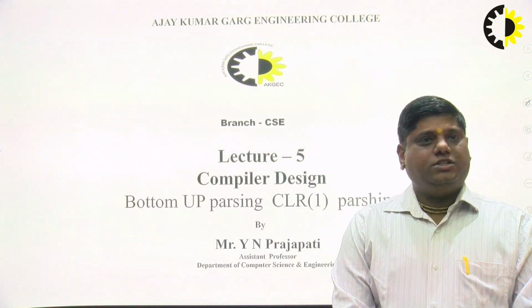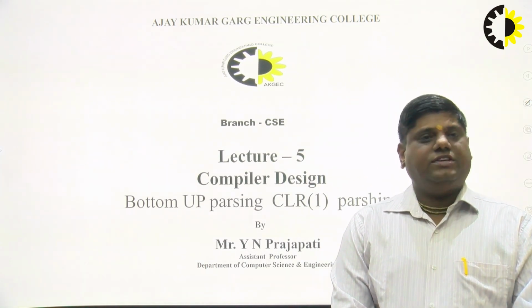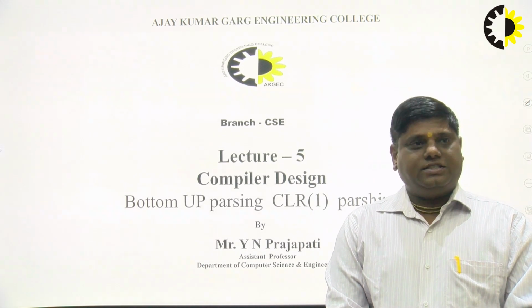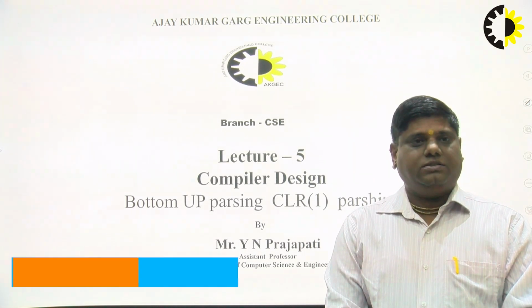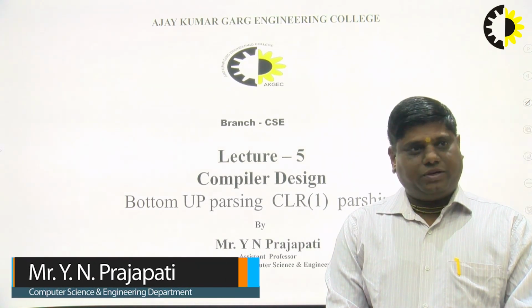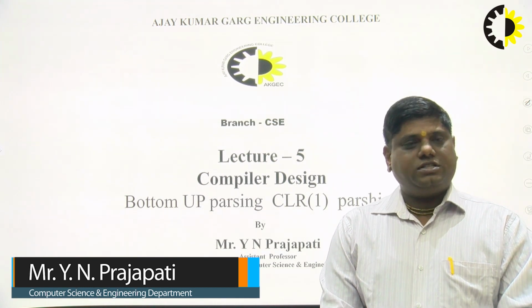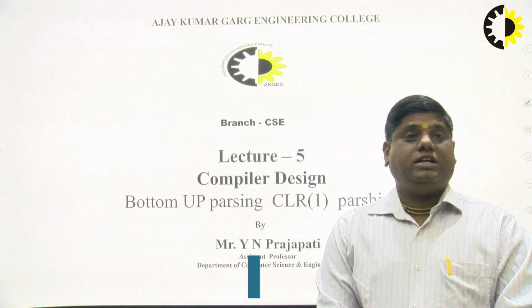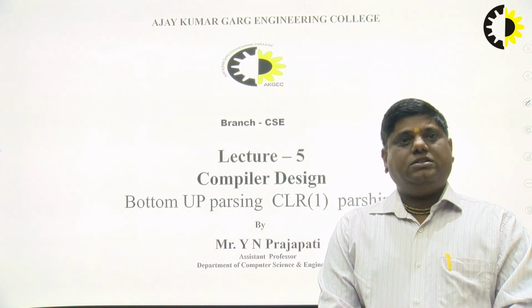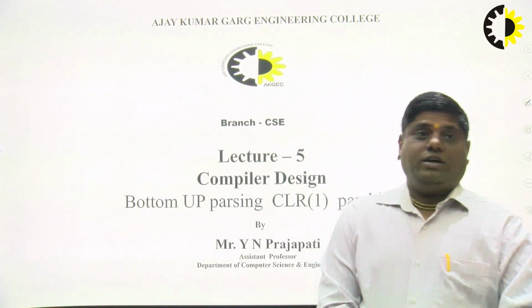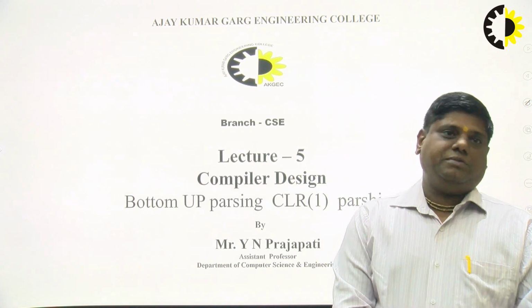Today I am going to teach a very important topic of compiler design, that is bottom-up parsing. There are 6 types of bottom-up parsing, and one of them is CLR parsing. CLR parsing is the most powerful among all bottom-up parsing.